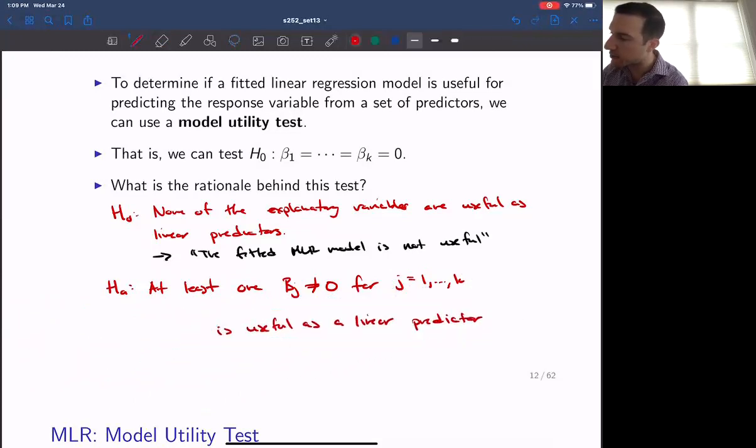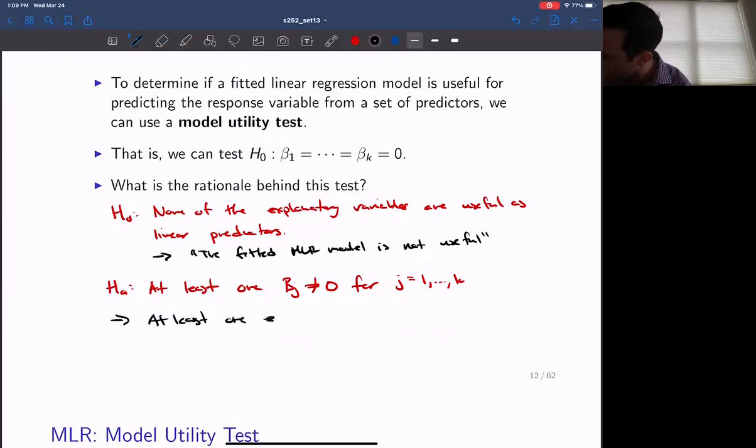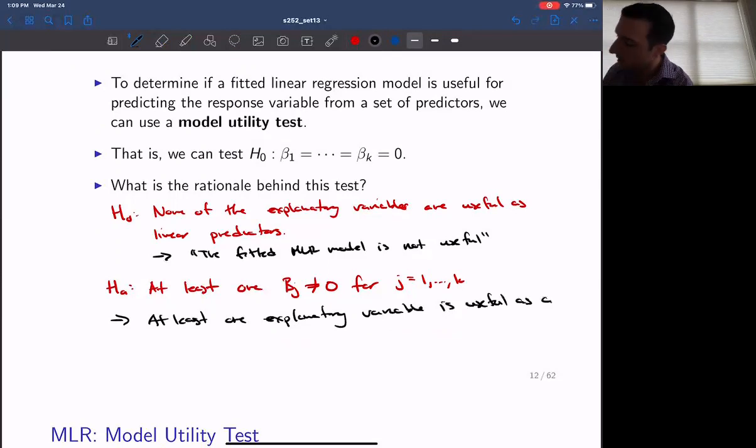All right, and then this is actually the same thing as saying that at least one explanatory variable is useful as a linear predictor.